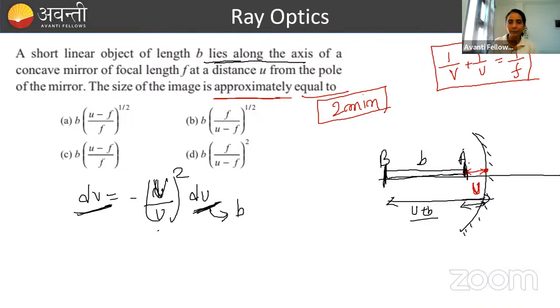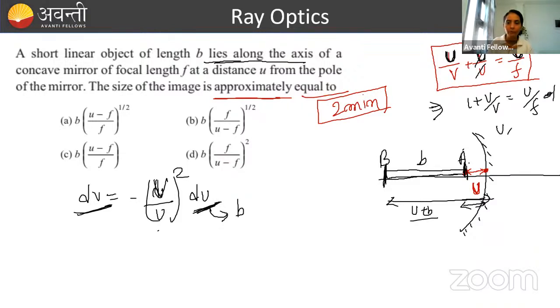So from here, if I multiply and divide by u everywhere, what value are we going to get? u by u will become 1, and this is 1 plus u by v equal to u by f.